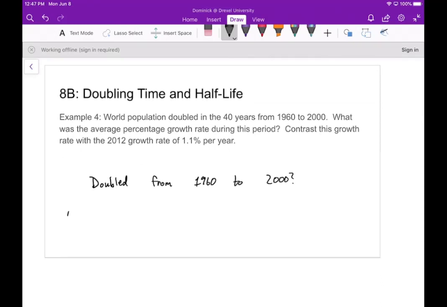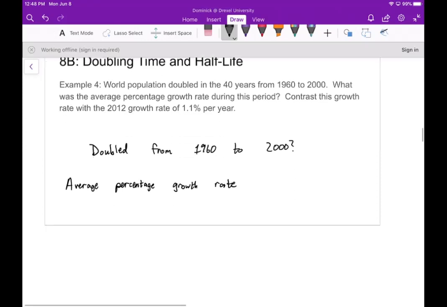Okay, now to get the average percentage growth rate, we can use our doubling time formula, right? Because we know that we have something like 2 is equal to 1 times 2 to the, I guess we don't want to use that, right?